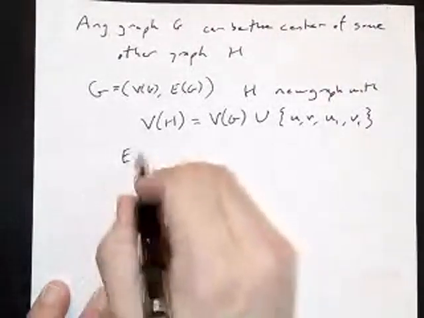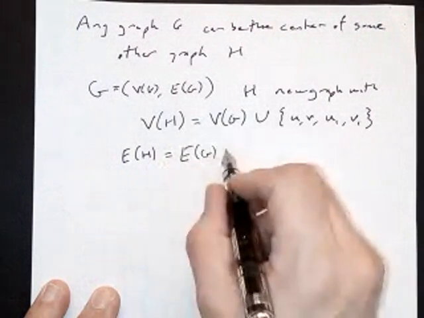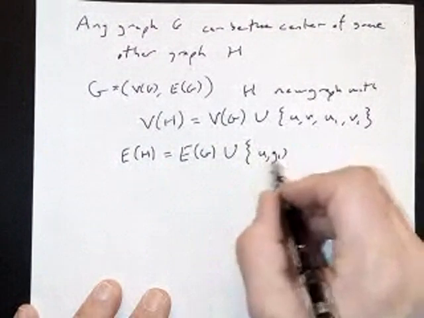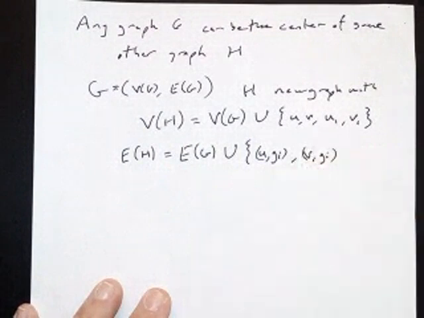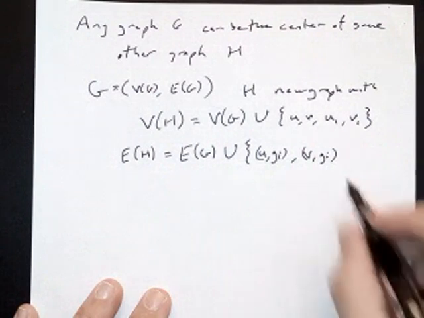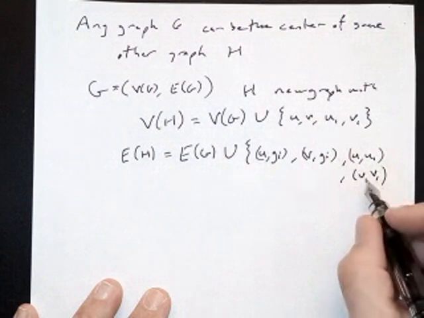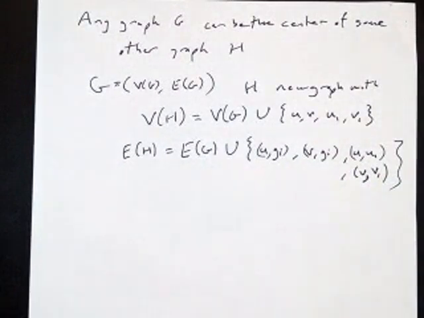The edges of H are all the edges in G, an edge from U to every vertex of G, an edge from V to every vertex of G, and two more edges, U to U1 and V to V1.